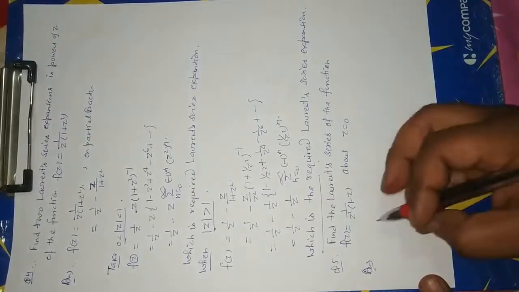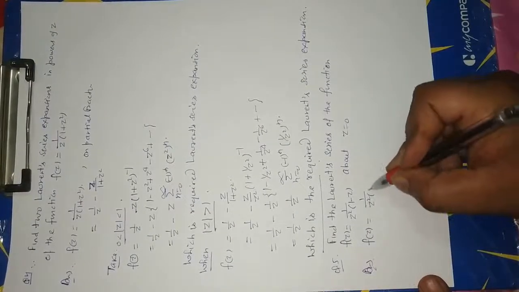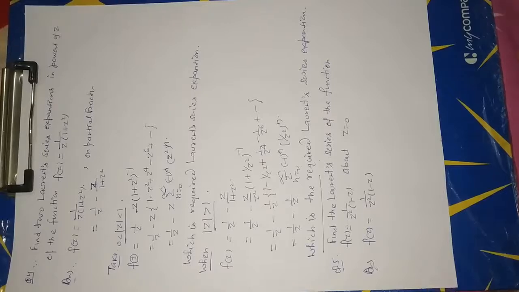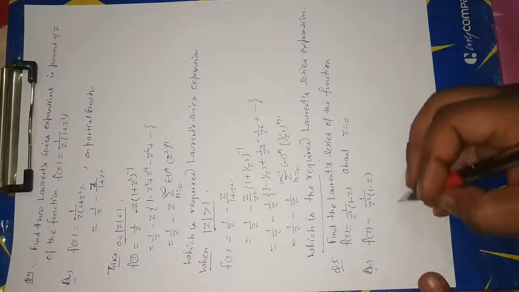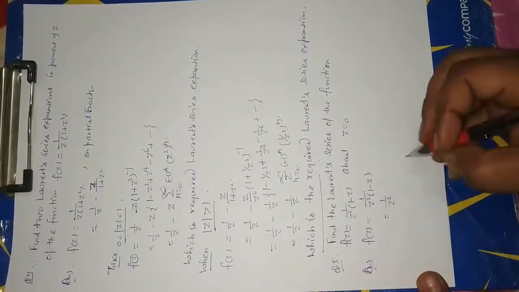Okay, since f(z) equal to 1 upon z square into 1 minus z, on partial fraction, there is no need for partial fraction because we find Laurent series expansion about z is equal to 0. Therefore 1 upon z square as it is.